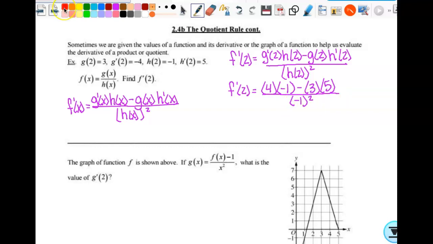This right here would be a safe stop. But if it's multiple choice, that could be an answer, but it might not be. And if it isn't, you have to be able to do your arithmetic here, right? So f prime of 2, the denominator squared is just 1, so I don't really even have a denominator, right? So this would be negative 4 minus 15.